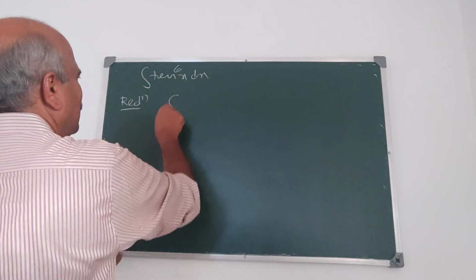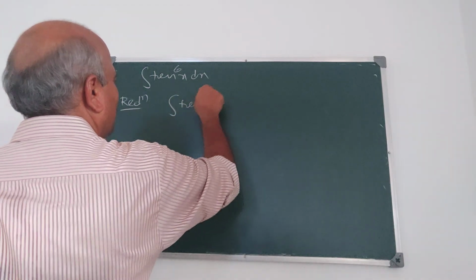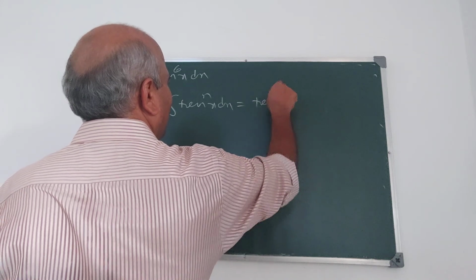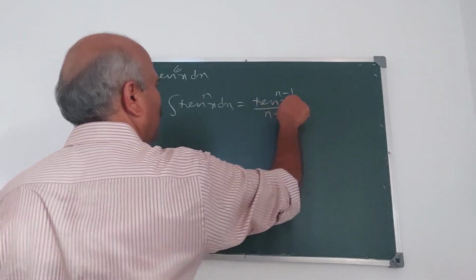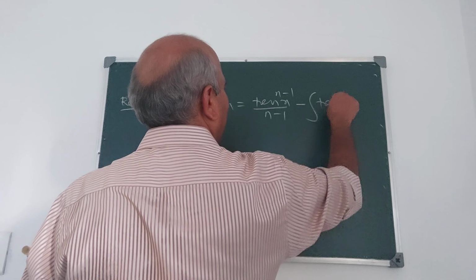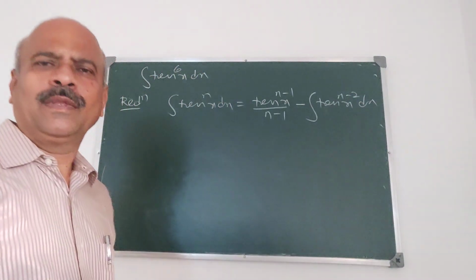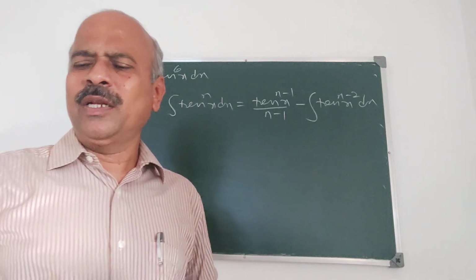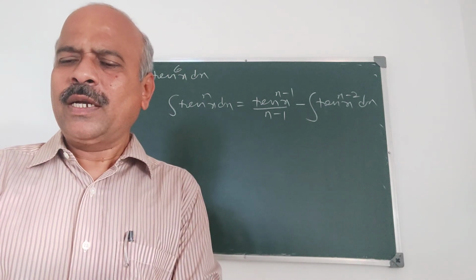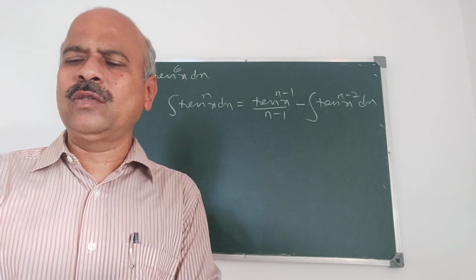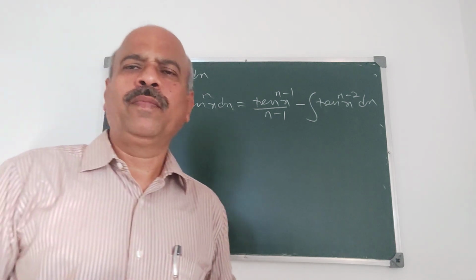The reduction formula is integral tan x raised to n with respect to x is tan x raised to n minus 1 upon n minus 1 minus integral tan x raised to n minus 2 with respect to x. Since the formula is simple, you can remember this.